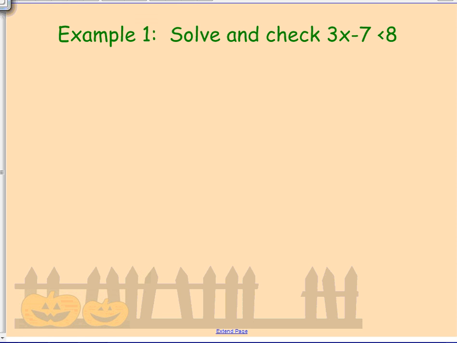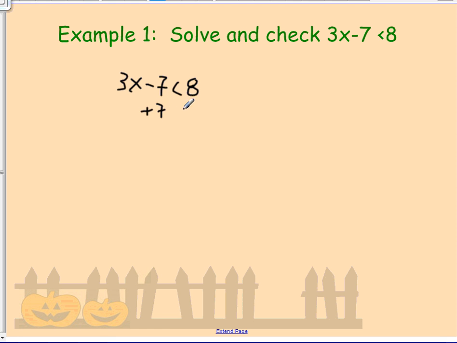All right, so the first example we have is to solve and check 3x minus 7 is less than 8. Just like two-step equations, we're going to do the addition and subtraction first.